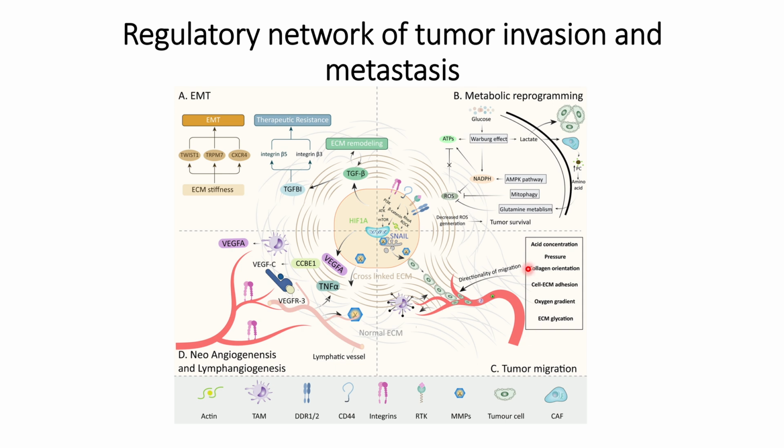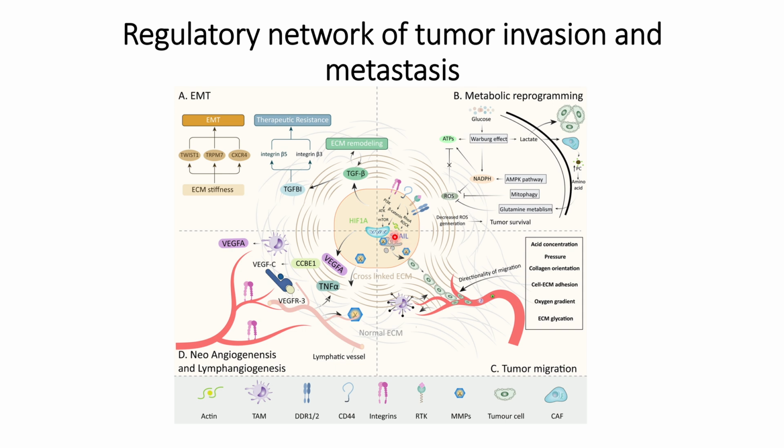Next one is about tumor migration. In tumor migration, because of the stiffer ECM, there will be a transfer of mechanical forces, and it will trigger the upregulation of the genes that help in tumor migration.